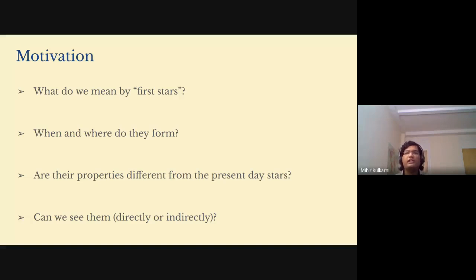But a simplistic definition may be: first stars are stars that are made from the primordial gas formed during Big Bang nucleosynthesis. That is, stars formed from only hydrogen and helium.